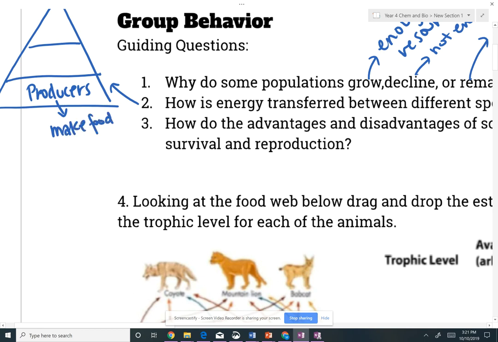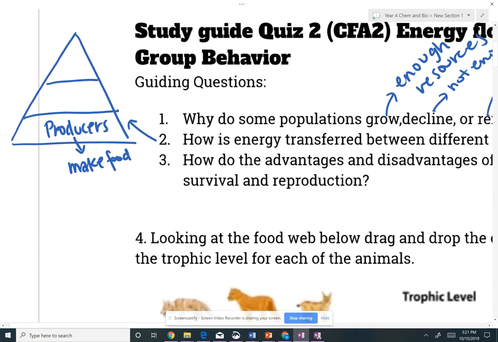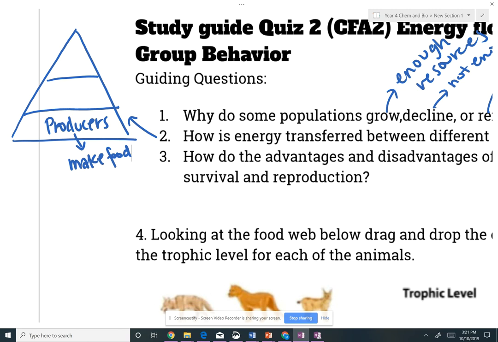Pretty much the producers make food for everybody in the ecosystem. Then we have our consumers, our primary consumers. Our primary consumers are herbivores, and they eat producers only.